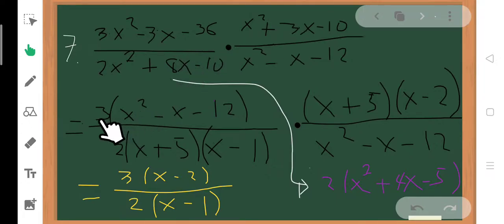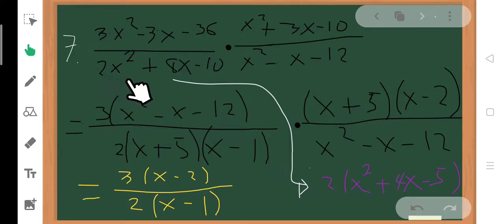So the other factor is x squared minus x minus 12, obtained by dividing 3x squared by 3, we have x squared, and negative 3x divided by 3 is negative x. Then negative 36 divided by 3 is negative 12.